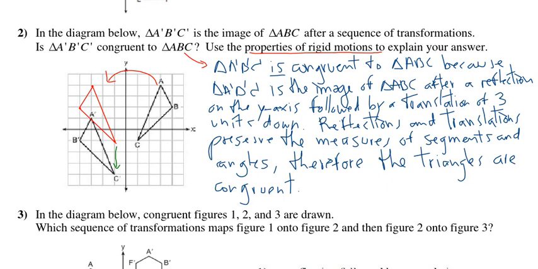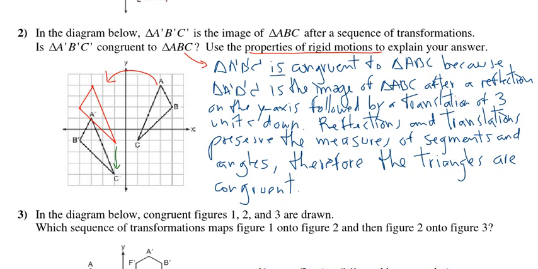And that's how we finish number 2. So triangle A prime, B prime, C prime is congruent to triangle ABC because triangle A prime, B prime, C prime is the image of triangle ABC after a reflection on the y-axis followed by a translation of 3 units down. Reflections and translations preserve the measures of segments and angles, therefore the triangles are congruent.